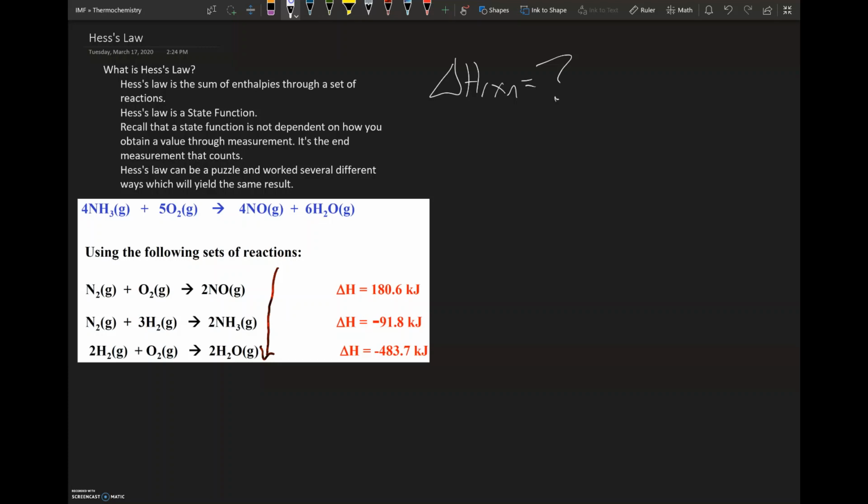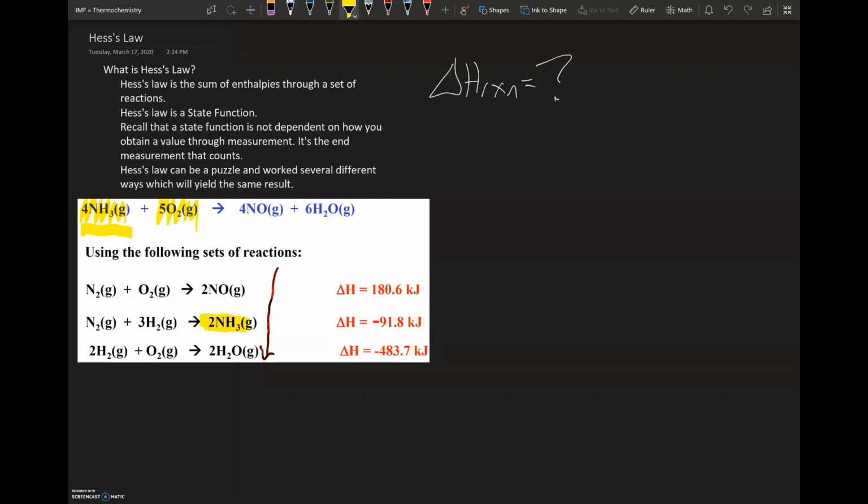As I start to work a problem like this, I pay attention to the reactants first, starting with the very first reactant, NH3. I look at the equations below and I find that NH3 is found in the second reaction.